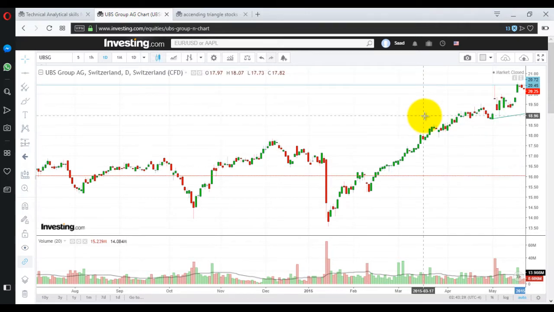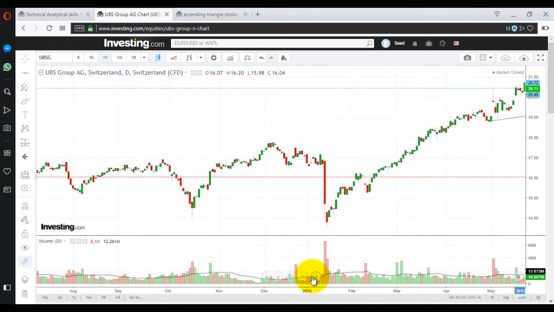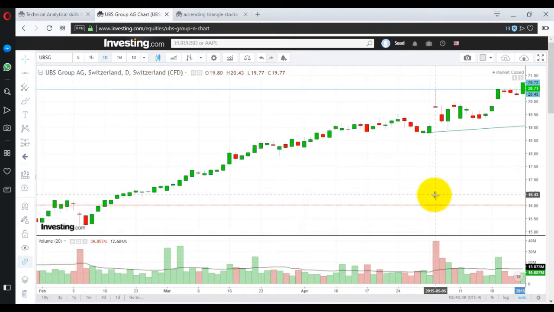You cannot see that line. So you're seeing this, and then the next day this green candle opens higher, so you'll be thinking that it's a breakout.